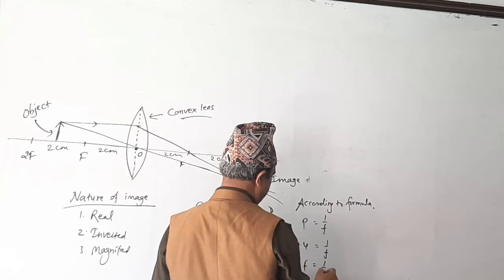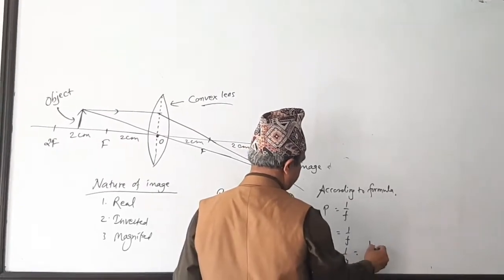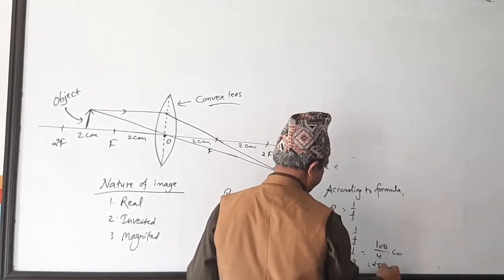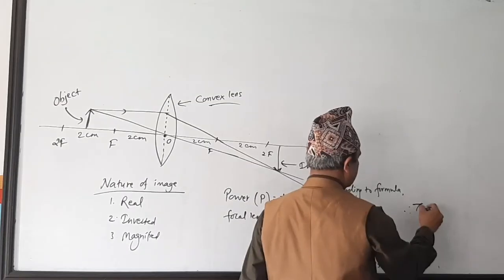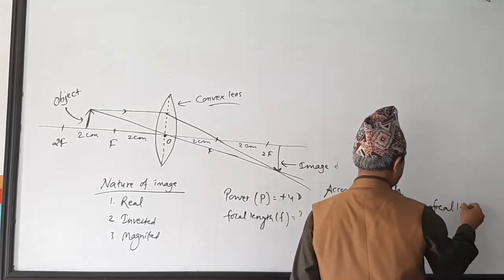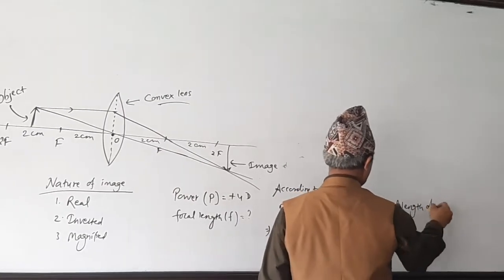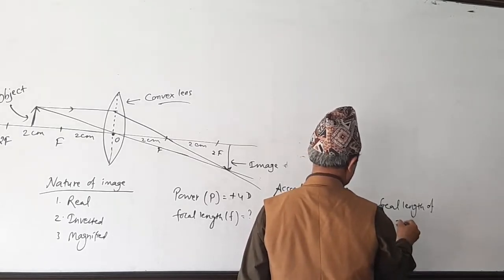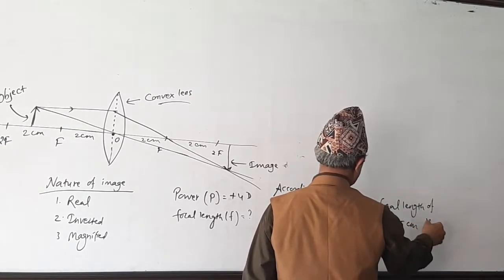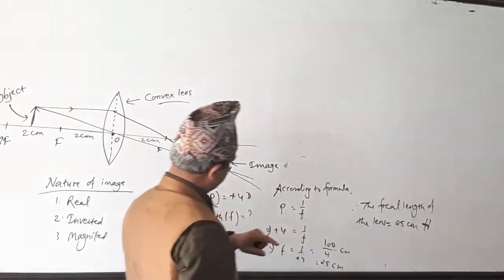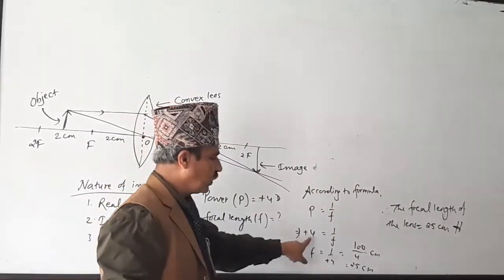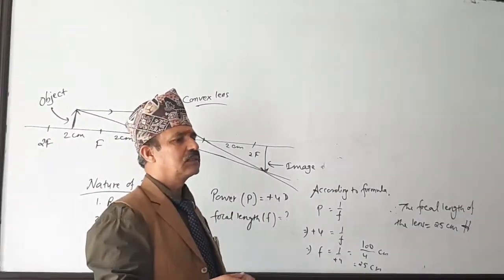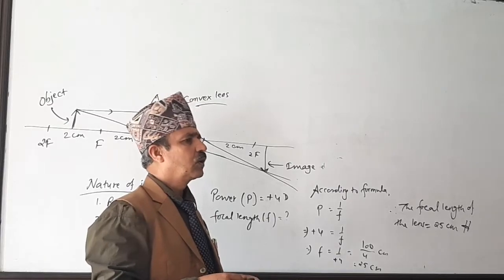F equals to 1 by +4. But this will be converted into 100 by 4 centimeter. Therefore, the focal length of the lens equals to 25 centimeter. Next thing you have to keep in mind, if the power of lens is given positive, that lens is convex lens. If the power of the lens is given negative, that is concave.